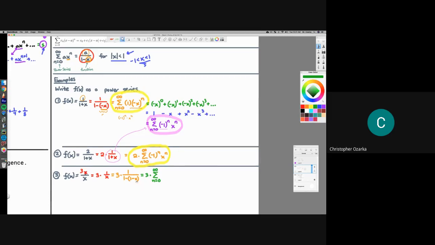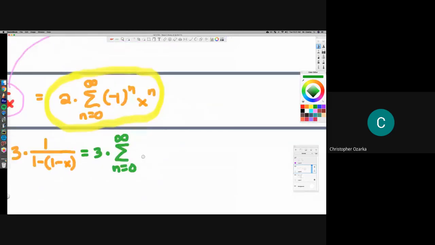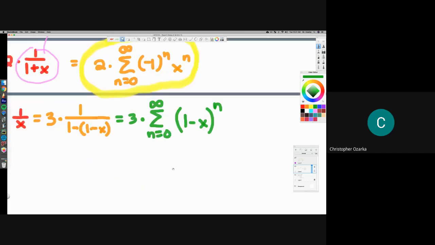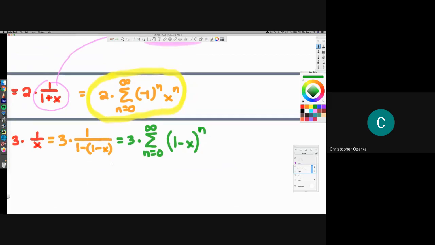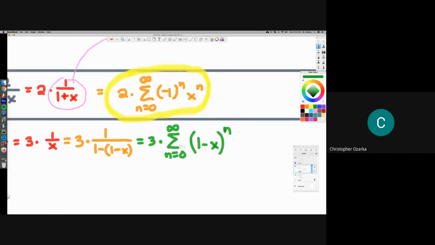Here it's 1 minus 1 minus x. So really what you're going to do, sorry, we have a teething baby. So you end up with something like that. And that ends up being your answer, actually. You can't really simplify that or anything like that.